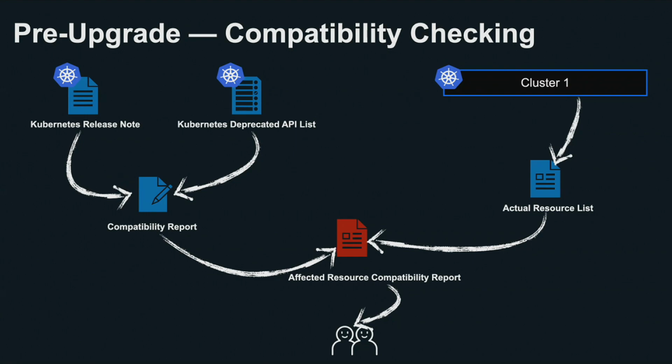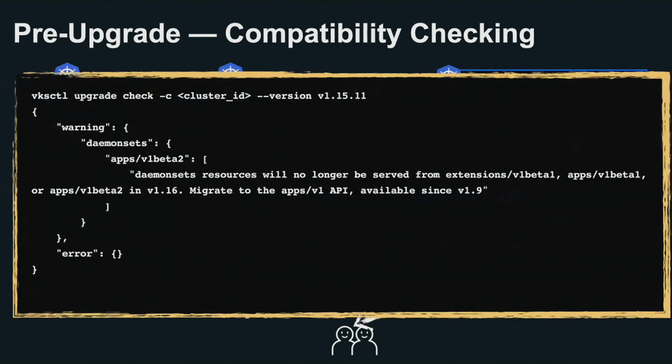Because API deprecation doesn't happen in each new Kubernetes version, this kind of manual work isn't too much. Next, we get the actual resource list in the user's cluster and compare it with the compatibility report to return the affected resources to users. It includes which resources are affected and the fixing suggestions.